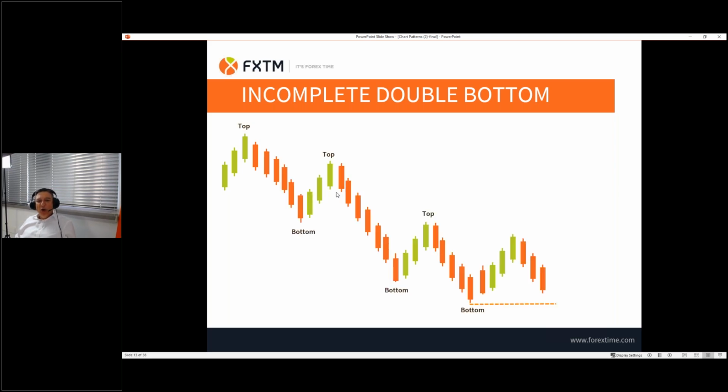And then when we spot two bottoms, it's not enough to call it a reversal. To have a reversal of this downtrend, you need two bottoms, but also we need the prices to move higher than the last top. And this is an incomplete double bottom. And as technical analysts, we're not going to do anything. There's no reversal.